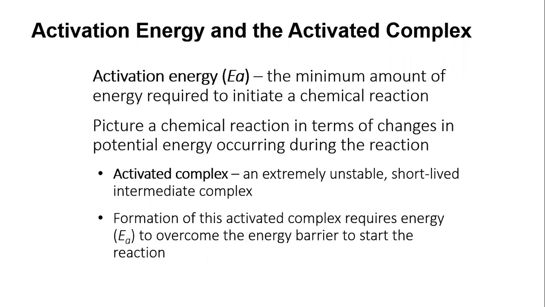So at the maximum amount of energy is where you have this activated complex, which is like this midpoint between bonds breaking and bonds forming to form new products. And so all chemical reactions have this activation energy. And there are things we can do to help overcome this energy barrier. To give you an example, if you put your fruit in the refrigerator, it stays fresh longer.